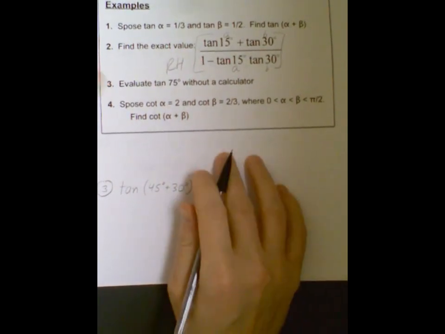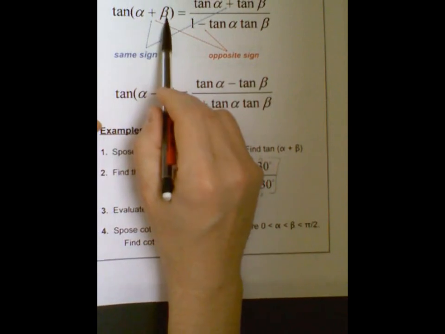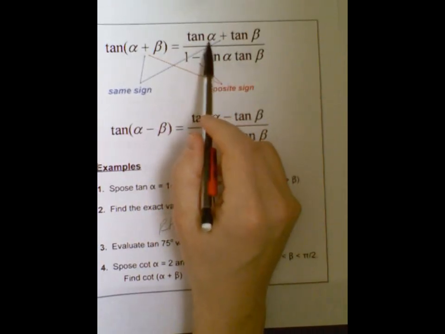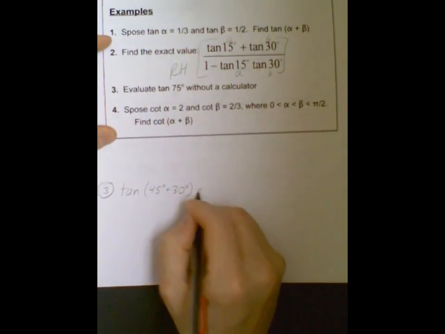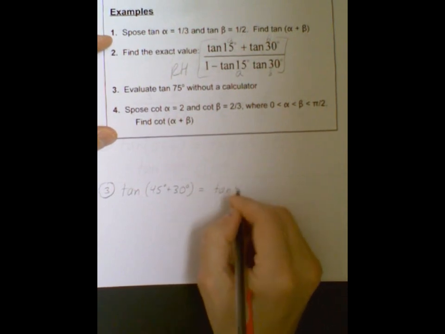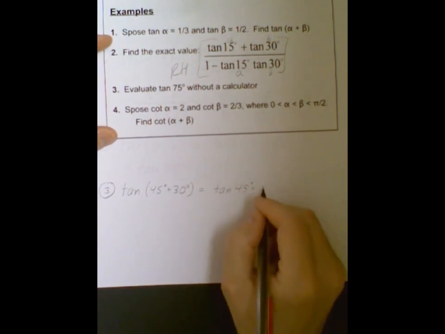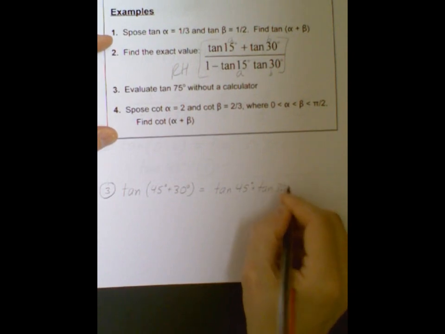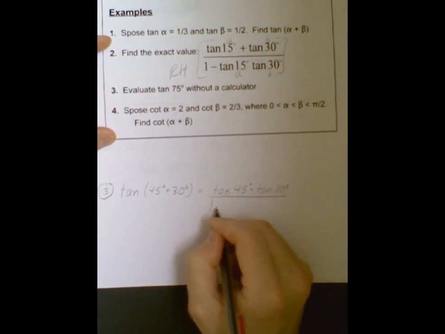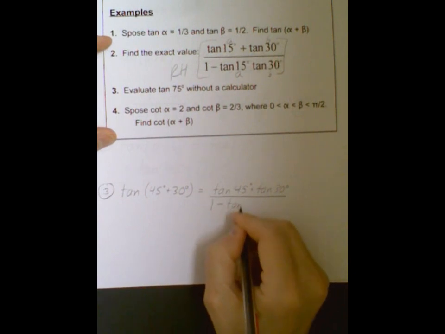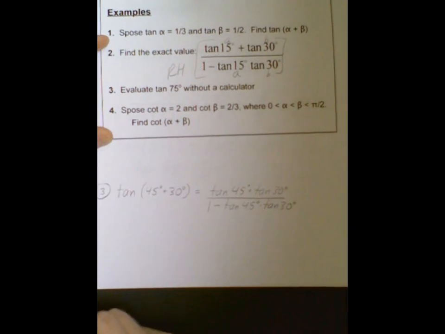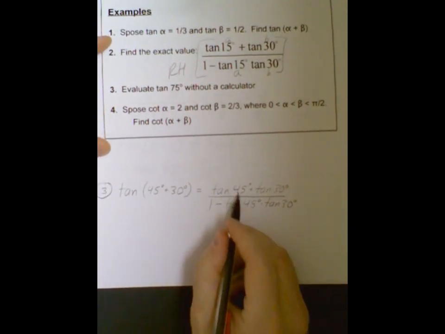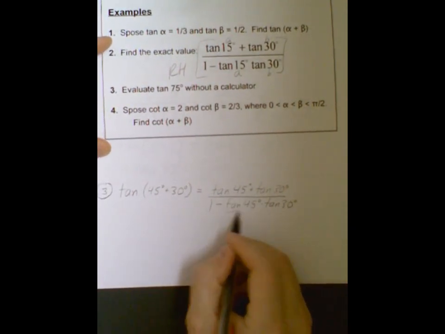All right, let's use our tan formula up here. This is tan of A plus B. So I'll plug it in here with 45s and 30s. Here we go, folks. Using our new formula, this is the tan of A plus tan of B over, switch the sign, 1 minus tan of A times tan of B. All right, tan of 45, we just found in the previous problem, that was equal to 1, right?